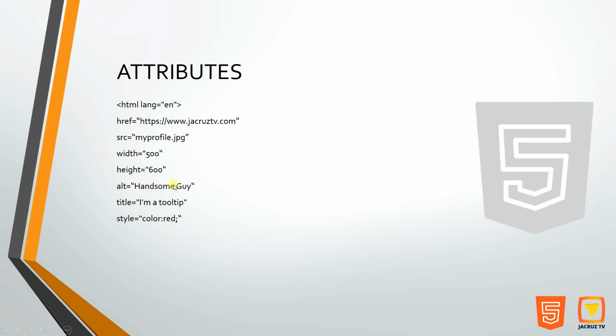Okay. So next is the title attribute. So what's the difference between the alt attribute and the title attribute? For the title, I know some of you will notice this when you are hovering your mouse pointer over some photos.